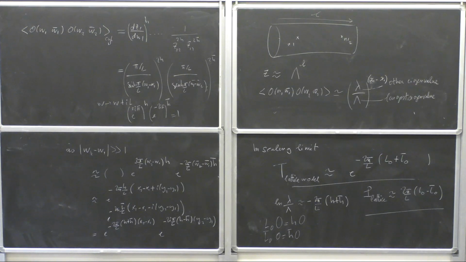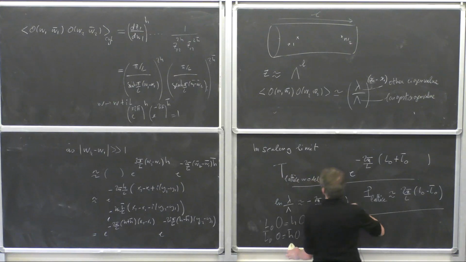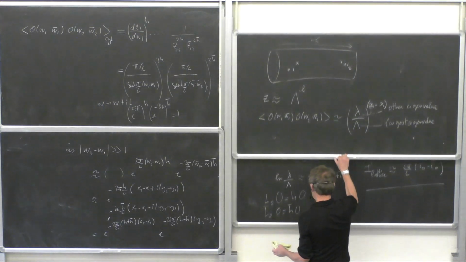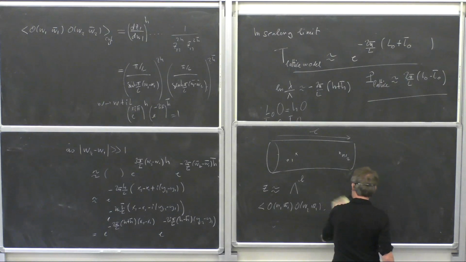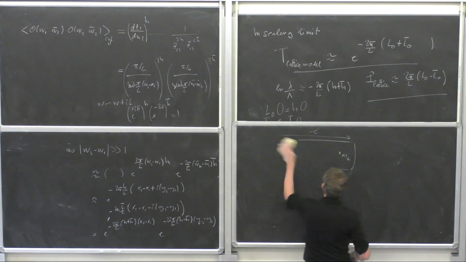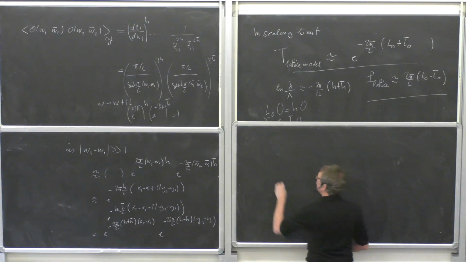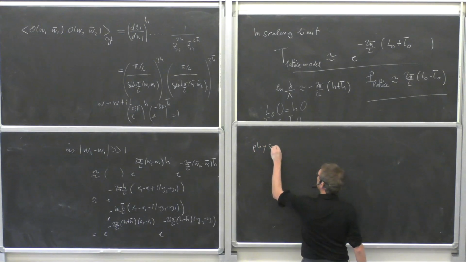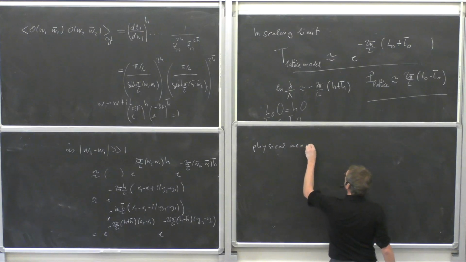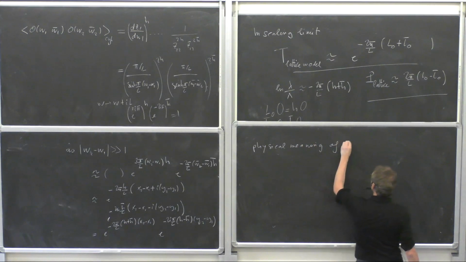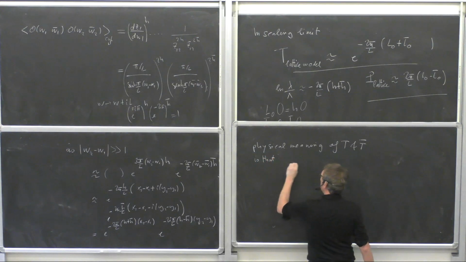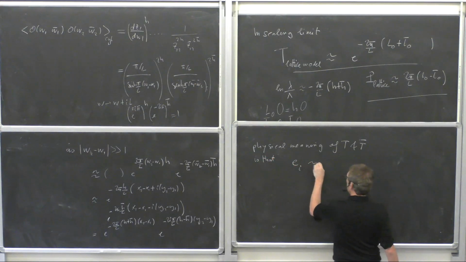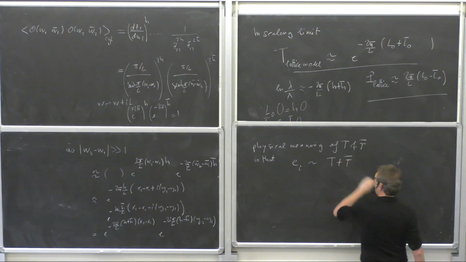But now the transfer matrix was expressed in the language of the algebra. So what does it mean? Really, there is a correspondence, and you can work out this correspondence to a very large extent. The physical meaning of T and T bar is that the Temperley-Lieb operators are really like T plus T bar.